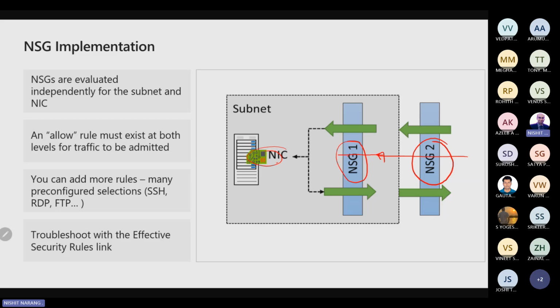Does that allow this traffic to pass through? If yes, then the traffic will reach the virtual machine. So what we saw was that an allow rule must exist at both levels, NSG1 and NSG2, at both the subnet level and the NIC level, for the traffic to eventually be admitted and reach that virtual machine.